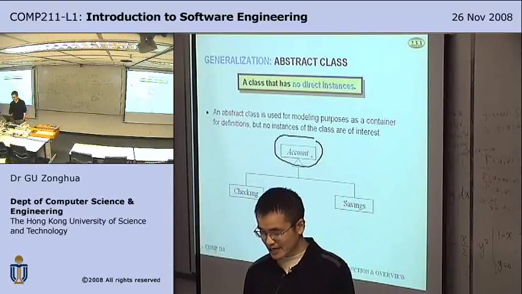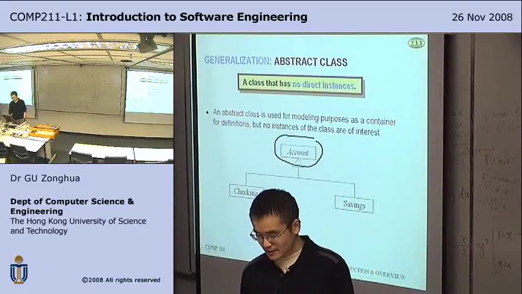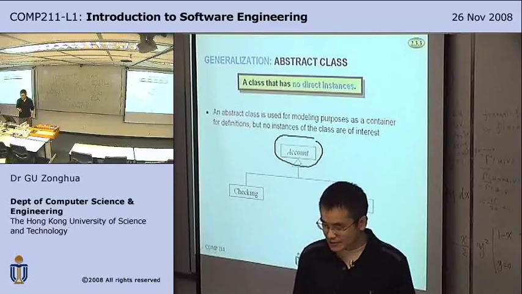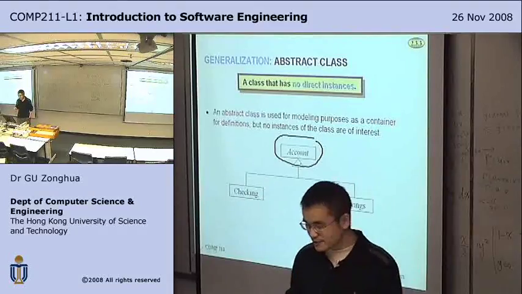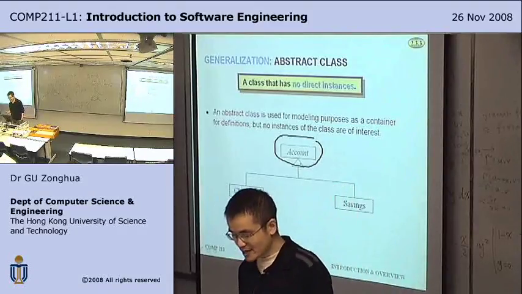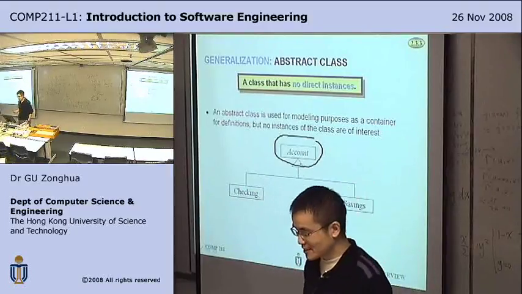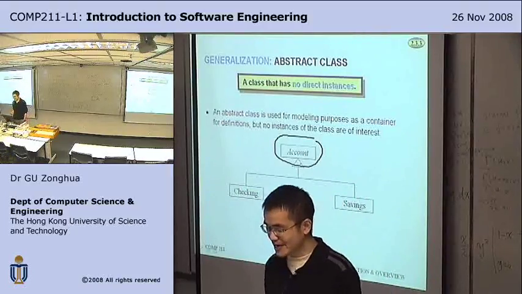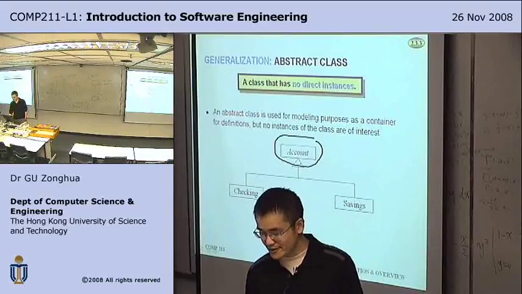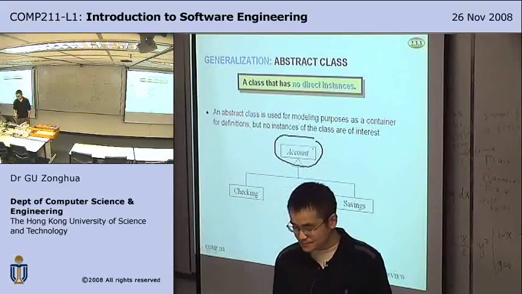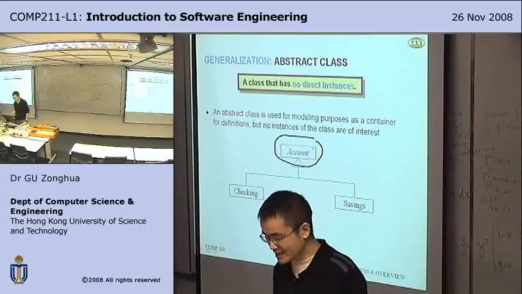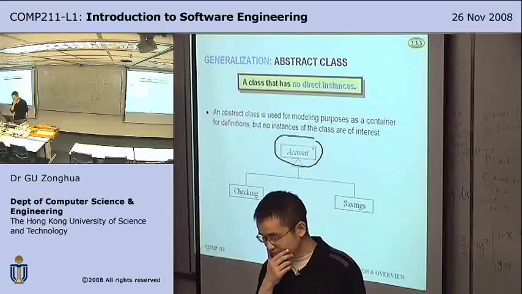For example, you can have account as the superclass with a bunch of attributes and operations in it. But it doesn't make sense to have any account objects. That's not a checking or savings account. Therefore, you make it abstract so that you cannot instantiate any instances.